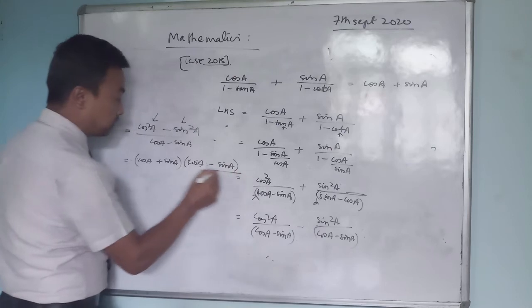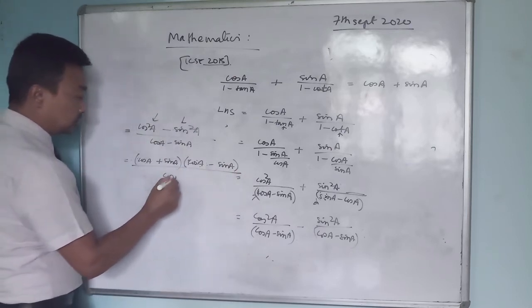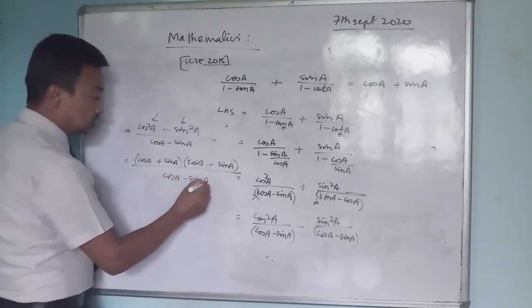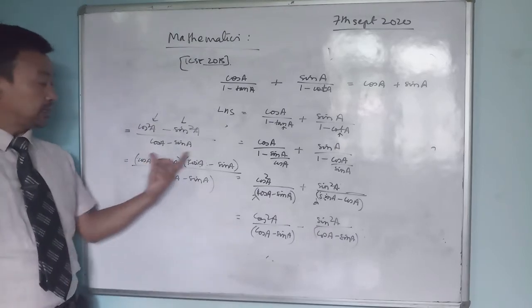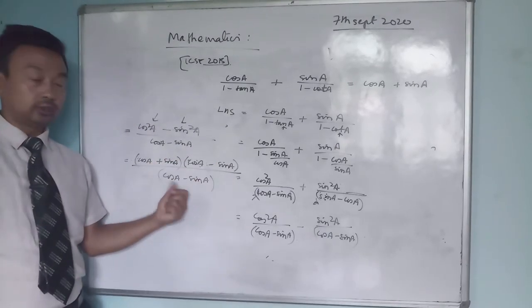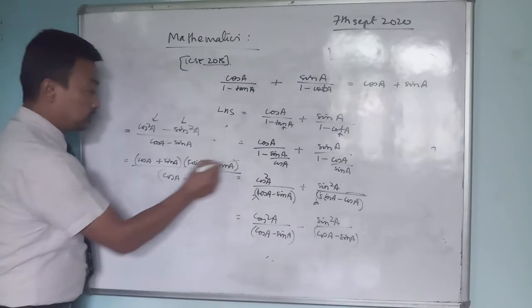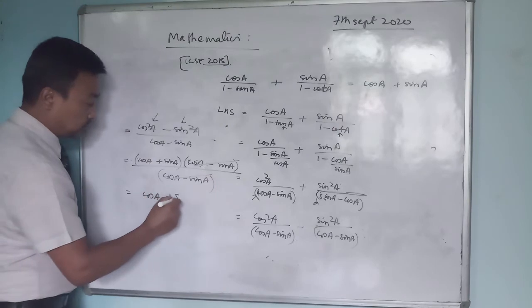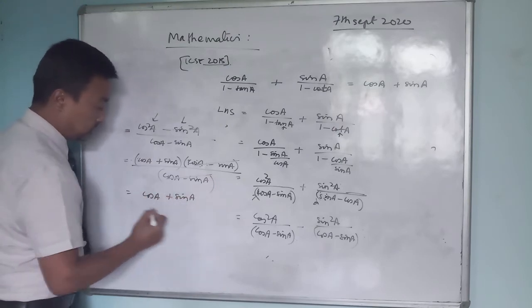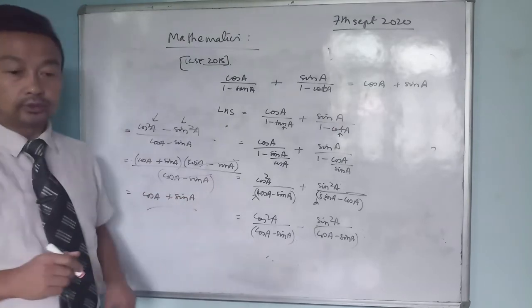So let us put in the bracket. In the denominator also we have this, so this also we will put in a bracket. Now what do you observe? This bracket into this bracket upon this, these two are same, everything will cancel. So what is left here? Cos A plus sin A. So this will be your answer.